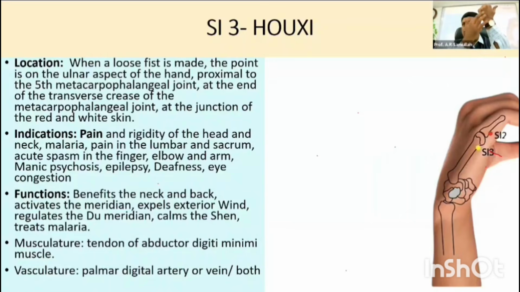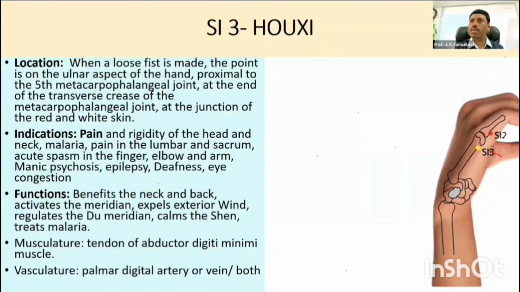Now, the head of the fifth metacarpal bone: in the depression, the point is located. Remember, I'm giving you very, very micro level information because my experience teaches you. The point is not on the crease; it is located just distal to the metacarpal head of the metacarpal bone, in the depression. To identify that point, known as SI3, it is located here. Hopefully you understand that.